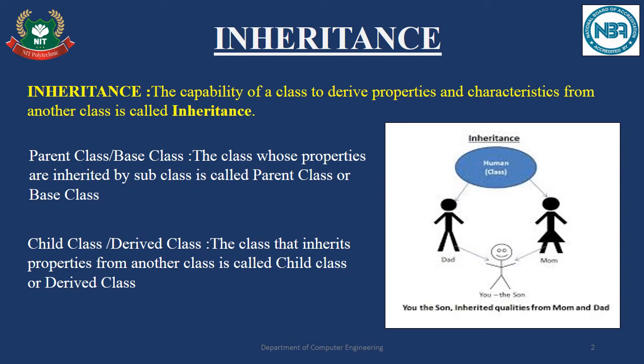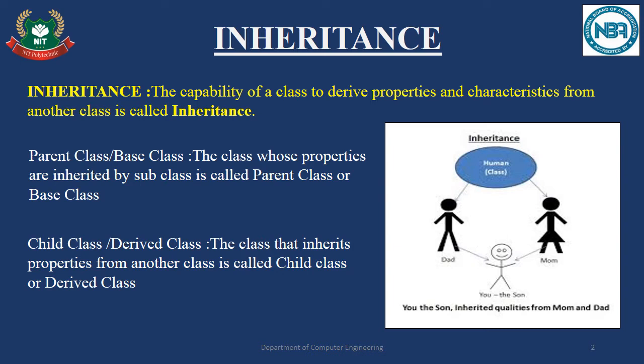Now coming to base class. What is base class? The class whose properties are inherited by the subclass is called parent class or base class. What is a child class or derived class? The class that inherits properties from another class is called child class or derived class.